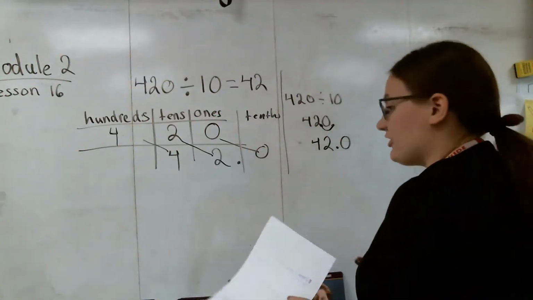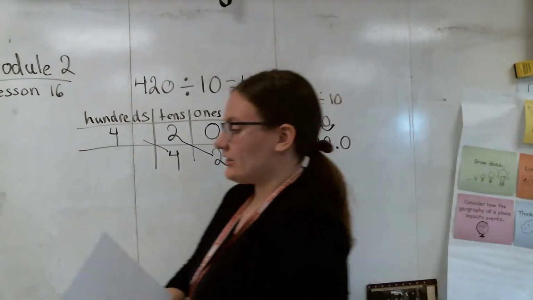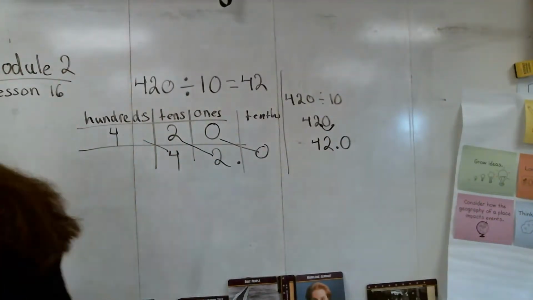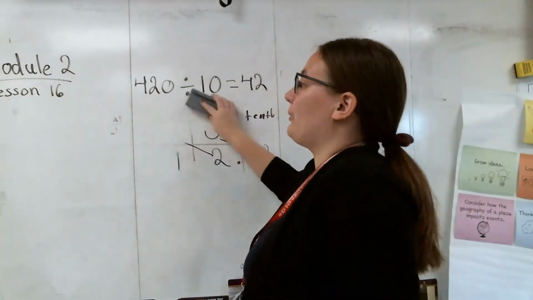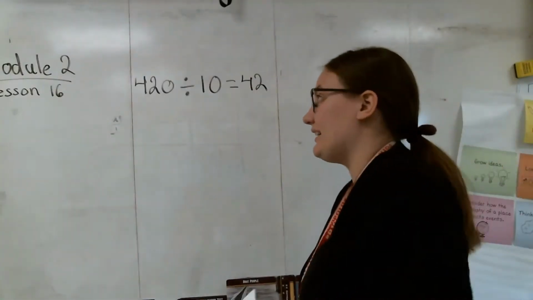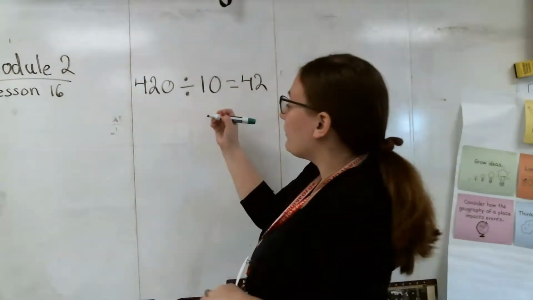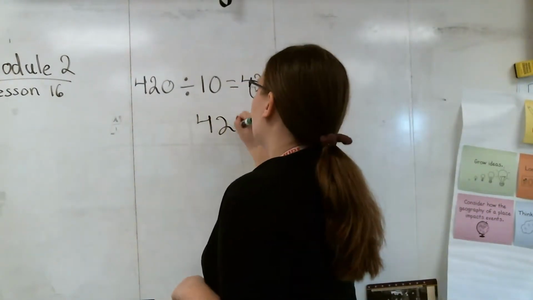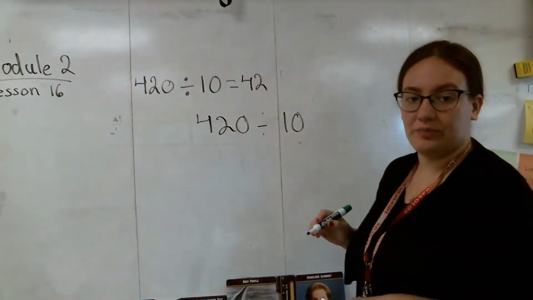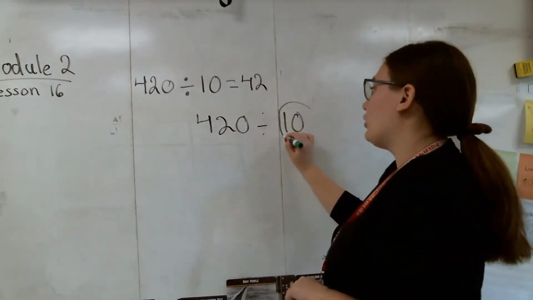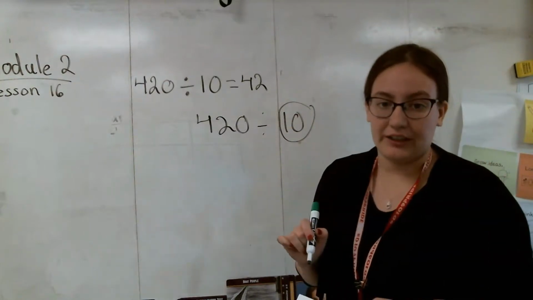Now another strategy that I want to show you, let me go get my eraser, is I can do a much quicker way. And I'm going to show you what this quicker way is. When I have this number, 420 divided by 10, what I can do is I'm going to pay close attention to this 10 over here.